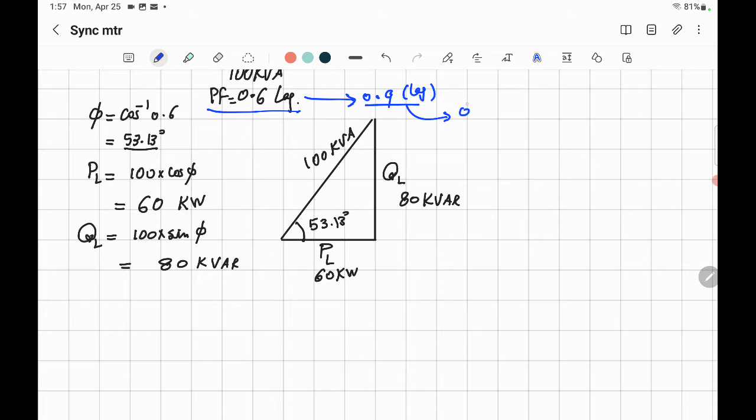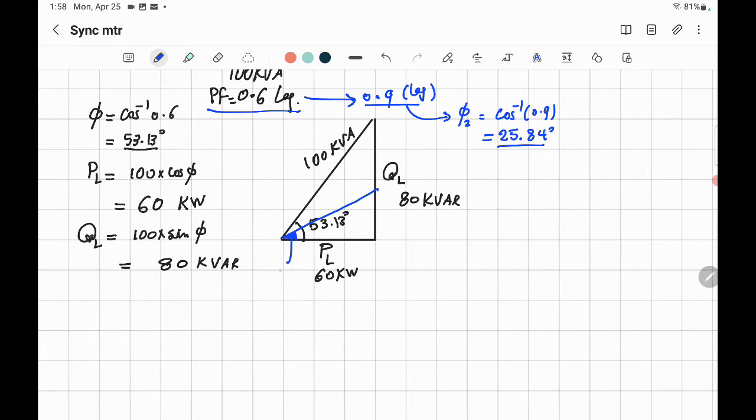The new angle, let's call it phi 2, will be equal to cosine inverse of 0.9. Remember, the old angle is 53.13. So for 0.9, cosine inverse will give us the angle 25.84 degrees. So the angle will be less, so you can say here, that's the new angle.